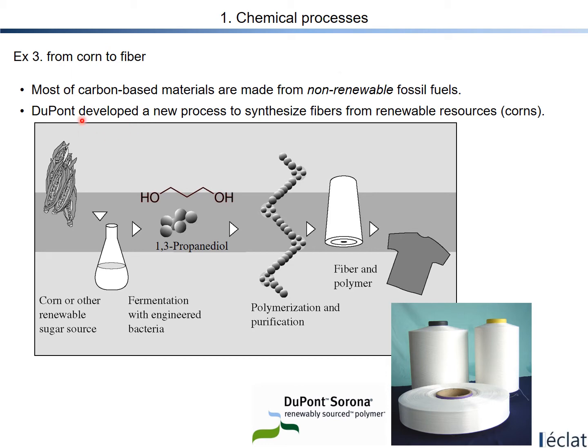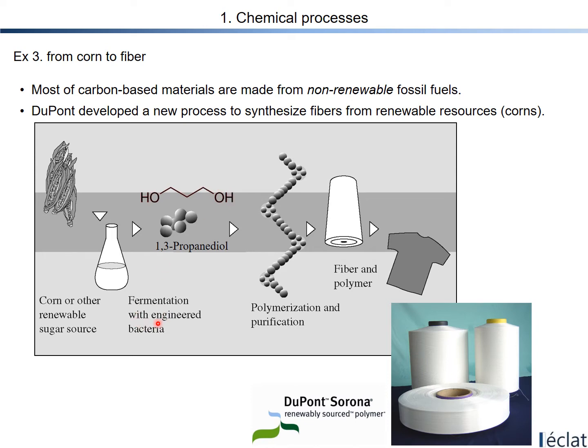However, DuPont developed a new process to synthesize fibers from renewable resources, which is corn. Here's corn. So corn is the raw material, and by using fermentation with engineered bacteria, this corn is converted into 1,3-propanediol.